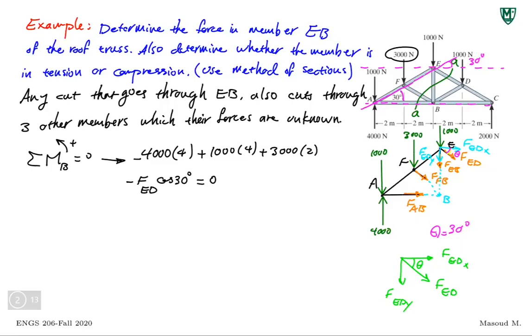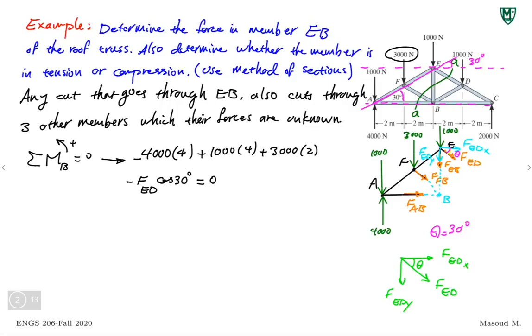If you're sitting there, use this time to do this math, and hopefully we all get the same answer. 4000 minus 4000 times 4 plus 1000 times 4 plus 3000 times 2, 6000 divided by cosine 30 degrees.